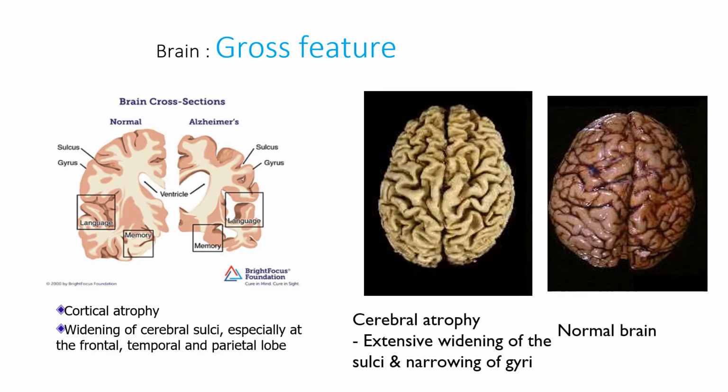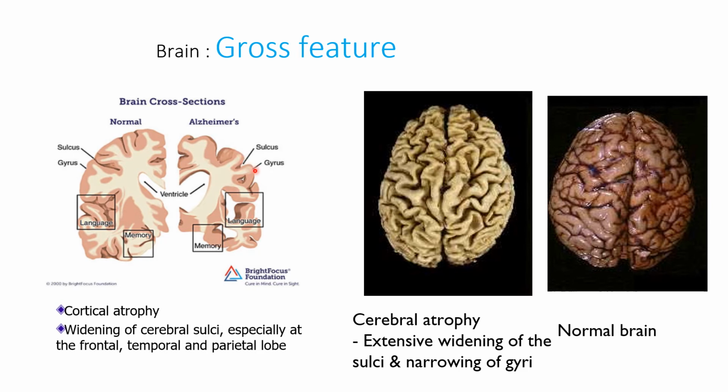The gross feature of the brain, comparing the normal brain with Alzheimer's. The brain with Alzheimer's will have atrophy of the cerebral cortex compared to the normal brain. There's also widening of the sulcus.